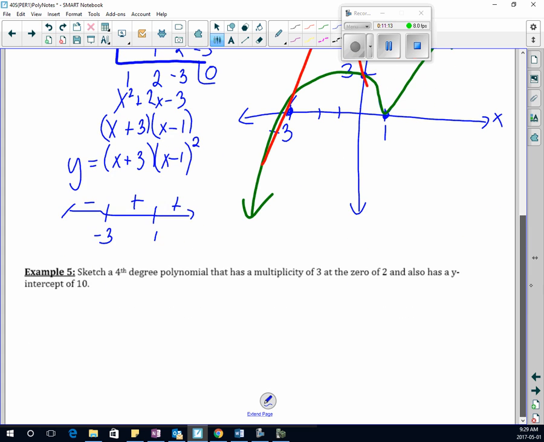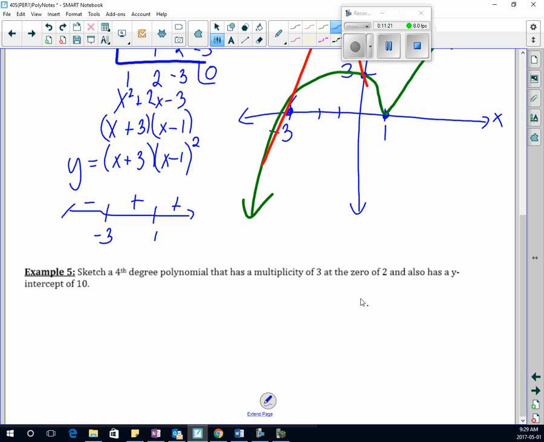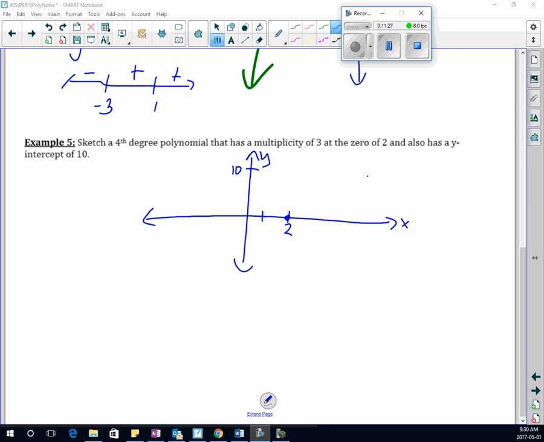Okay. They like asking this question here. It's a 4th degree polynomial, multiplicity 3 at the 0 of 2, and a y-intercept of 10. So if this is a multiplicity 3, it flattens.